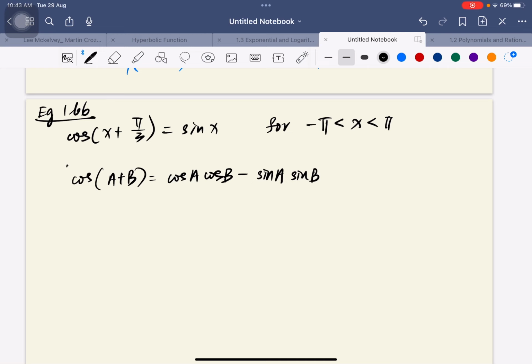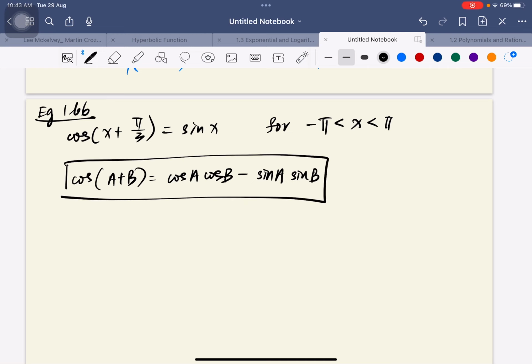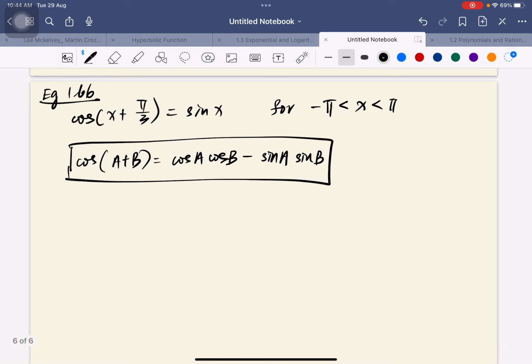With this compound angle formula, we can apply it here. cos(x + π/3) is cos x cos(π/3) minus sin x sin(π/3), equals sin x.